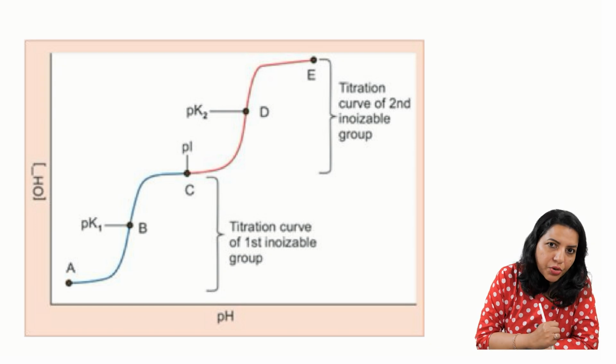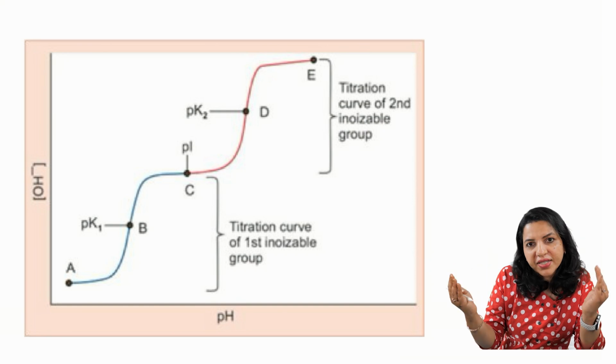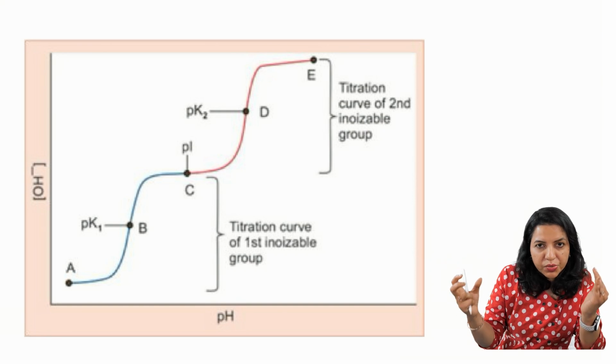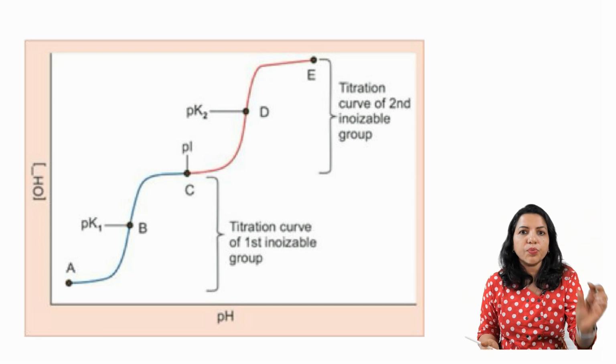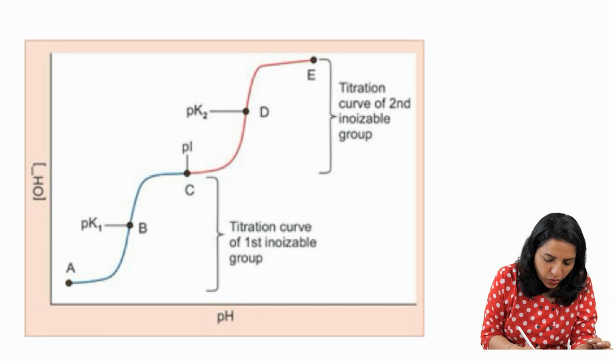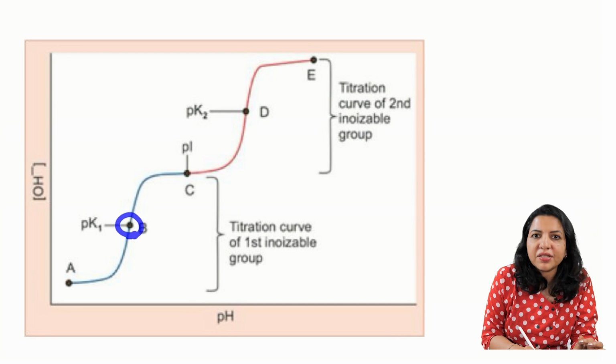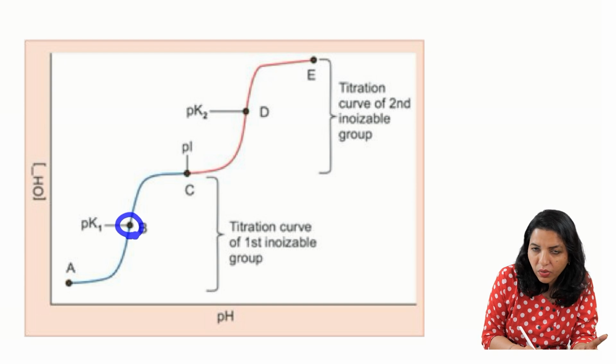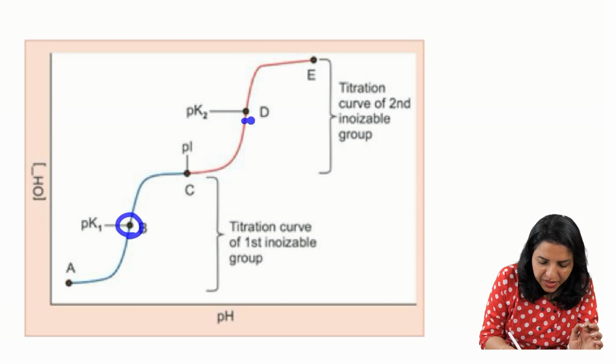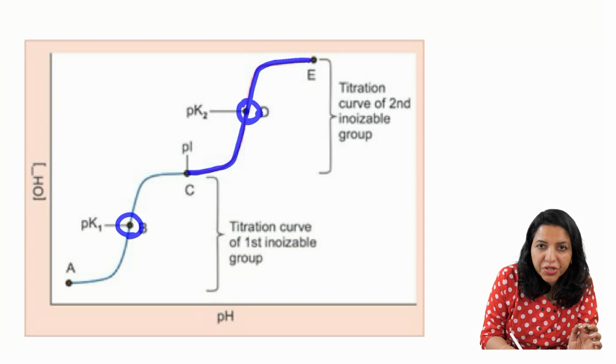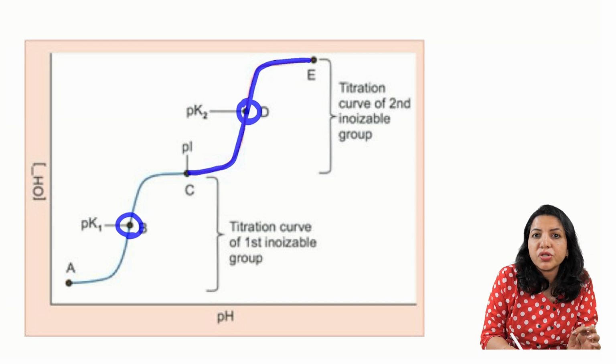For example, amino acid, it has an amino group and an acidic COOH group, which means that there are two ionizable groups and there are two titration curves. So the midpoint of the first titration curve is the ionization constant of the first ionizable group, and from this onwards it is the next titration curve, and the midpoint is the ionization constant of the second ionizable group.